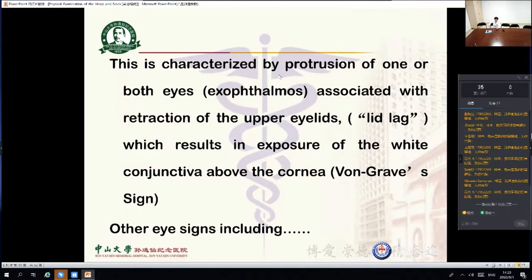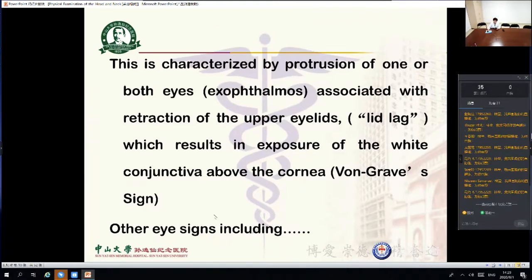This is characterized by protrusion of one or both eyes, exophthalmos, associated with the retraction of the upper eyelids, what we call lid lag, which results in exposure of the white conjunctiva above the cornea, one Graves' sign.